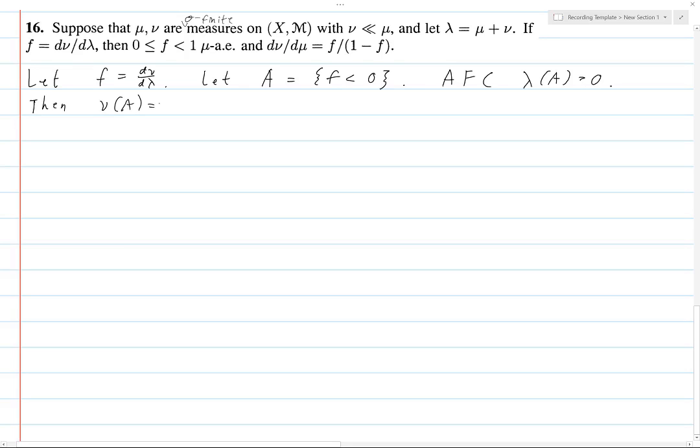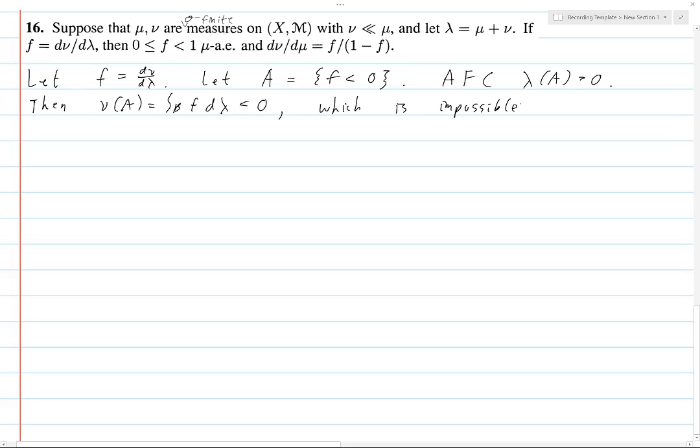Then nu A is equal to the integral over A of f d lambda. Well, this has to be less than 0, which is impossible.